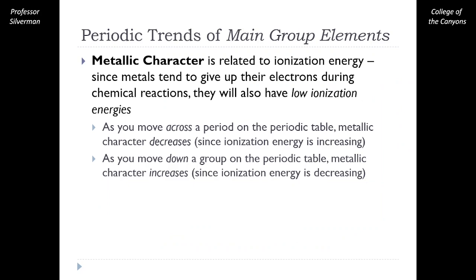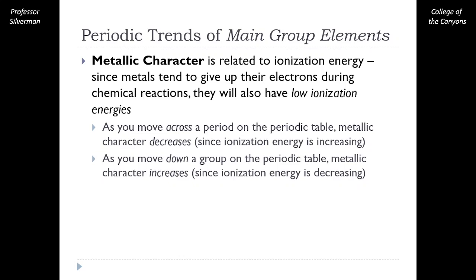Lastly, we can consider metallic character for our elements. Metals like to lose electrons during chemical reactions. Metallic character is going to be related to our ionization energy. The lower the ionization energy, the more metallic our element is.